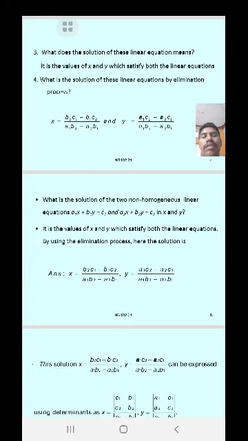Here the solution is x equals b2c1 minus b1c2 by a1b2 minus a2b1, y equals a1c2 minus a2c1 by a1b2 minus a2b1.